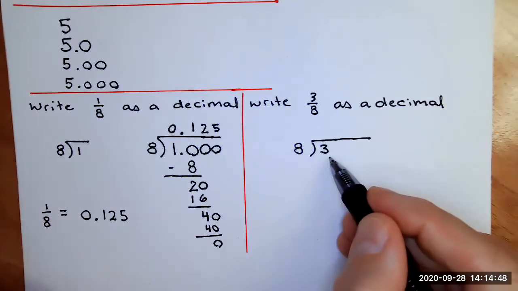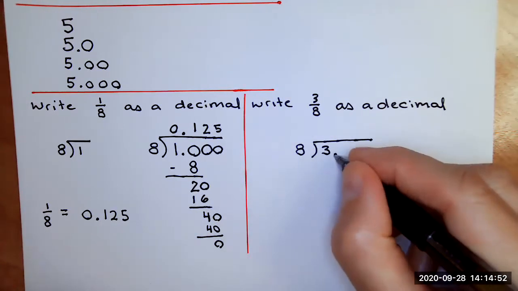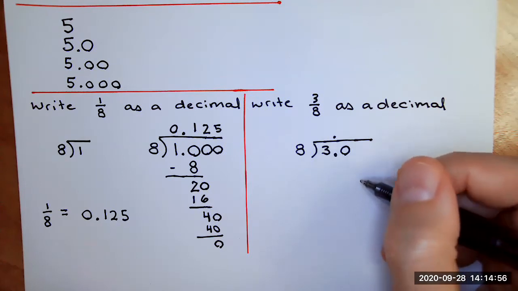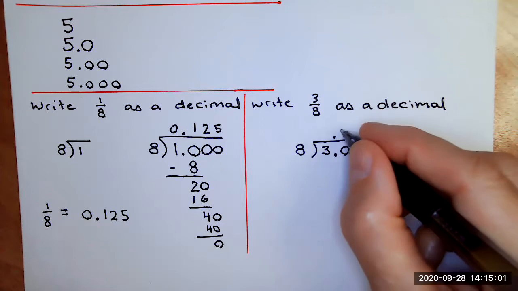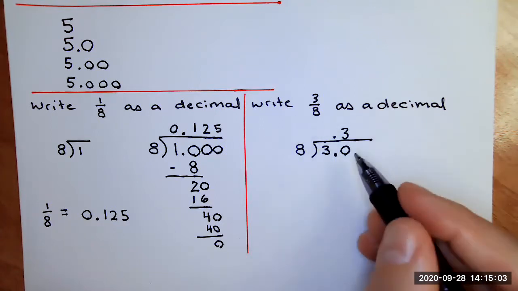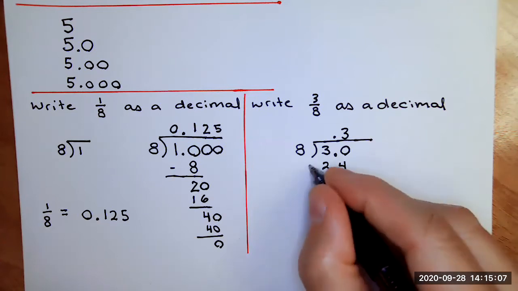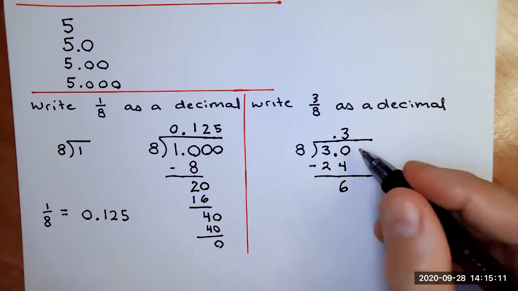And you say, oh, 8 does not go into 3, so I can add a dot at the end, and then a 0. And then how many times does 8 go into 30? That's 3 whole times. 3 times 8 is 24. Subtract, and you get 6.